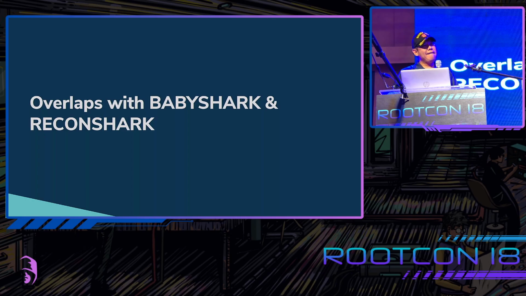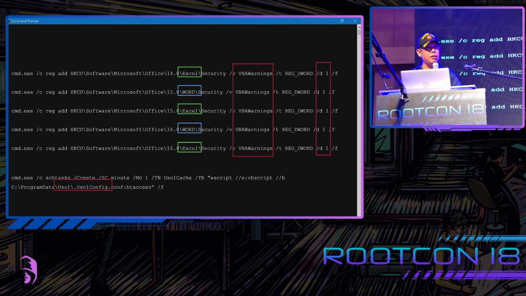So we've been seeing a lot of overlaps and a lot of characteristics that are very much similar across these different malware strains. One of which is that all of these malware make some registry edits.